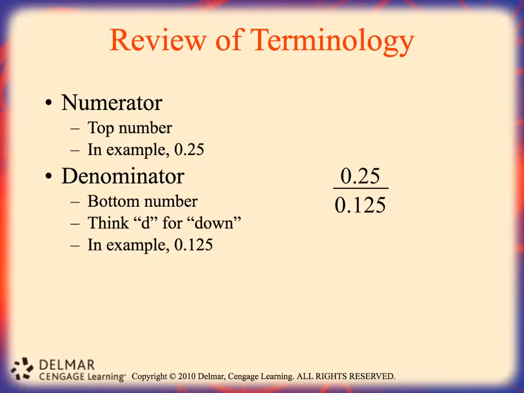Y'all remember from way back when, a numerator is going to be your top number. Denominator is your bottom number. If you have a problem remembering that, here's a little tip. Think D for down. So the denominator is the down number.